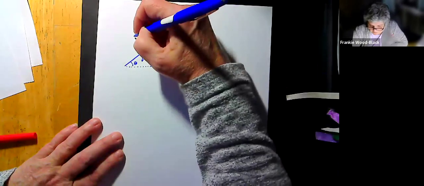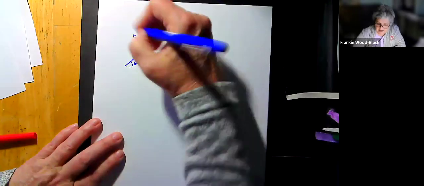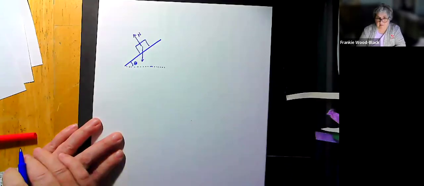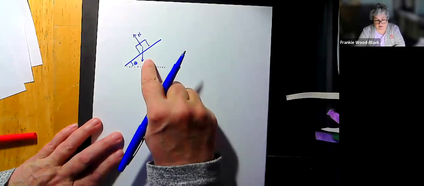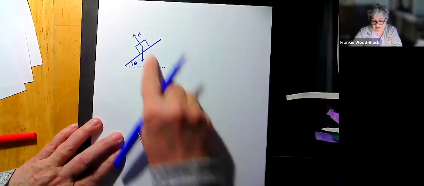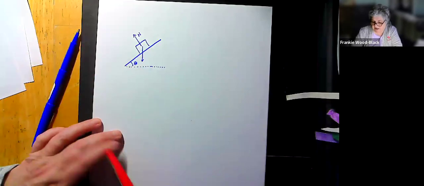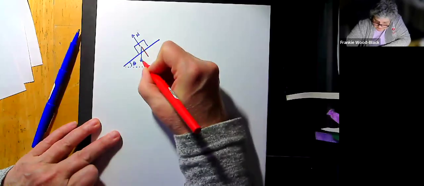And then I've got a normal force that's working against my block. But I've got to be able to work my problems so that I can work along the plane or perpendicular to the plane. So what I'm going to end up doing is I'm going to break out my weight.